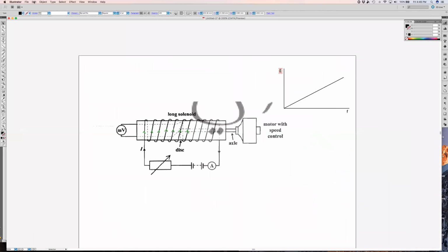As frequency increases, rate of cut increases, EMF increases. Right?